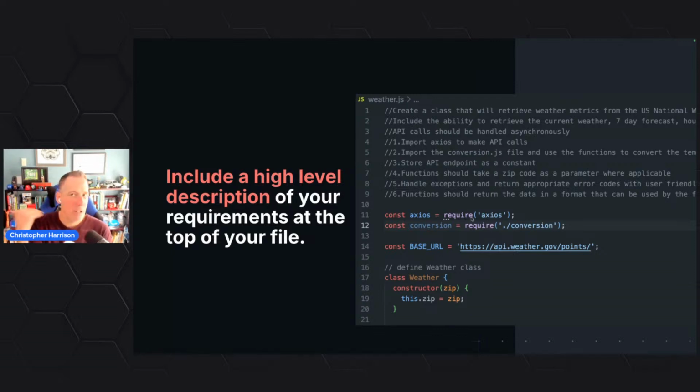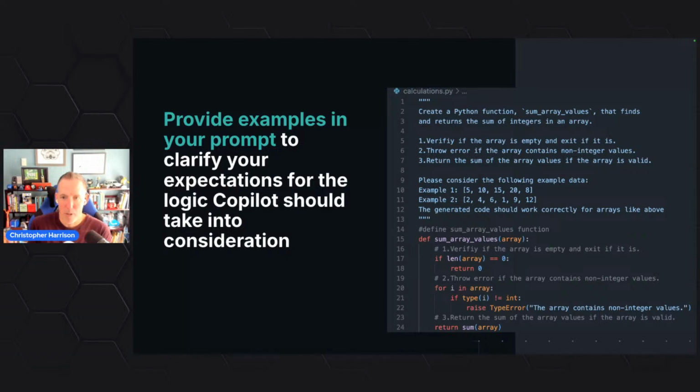But if you add just 3, 4, 5 lines of comments right up at the very top of the file, just like a header explaining what it is that you're looking to do, how it is that you're looking to do it, and if you're going to be processing data, if you give it some examples, like, this is going to be the input, this is the output that I'm looking for, you're going to notice that the quality of suggestion that you get increases exponentially.